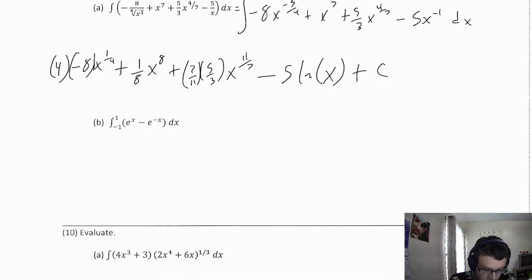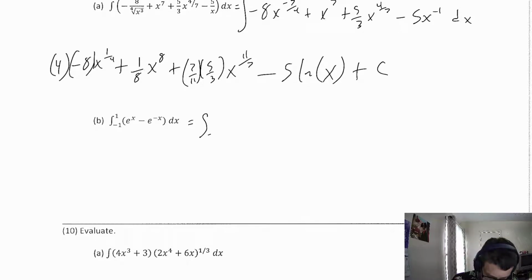For b here, we already have everything in terms of exponents, so that's really nice. It might be helpful to break this apart into different integrals. So let's go ahead and do that. We have the integral from minus 1 to 1 of e to the x minus the integral from minus 1 to 1 of e to the minus x.